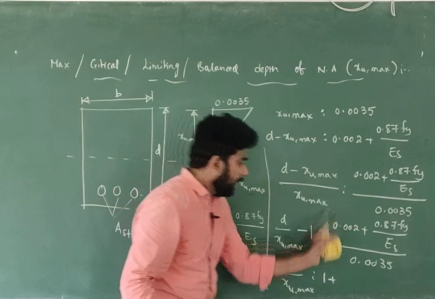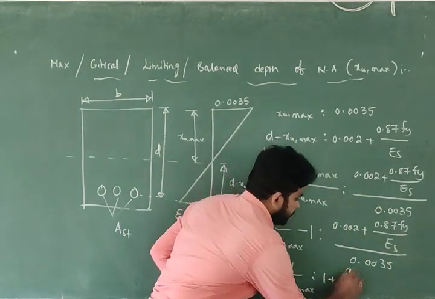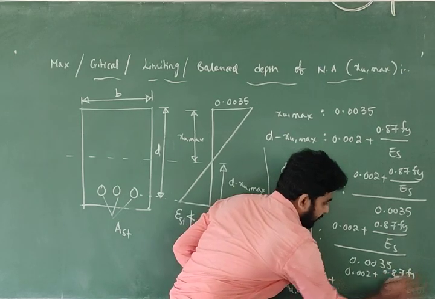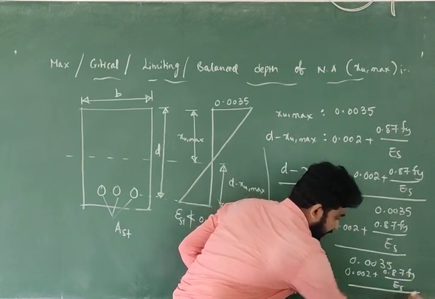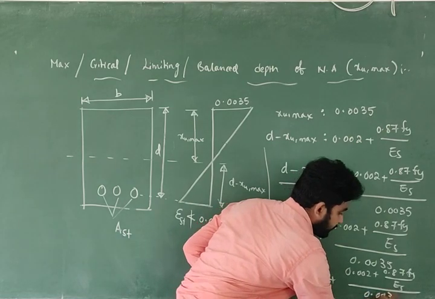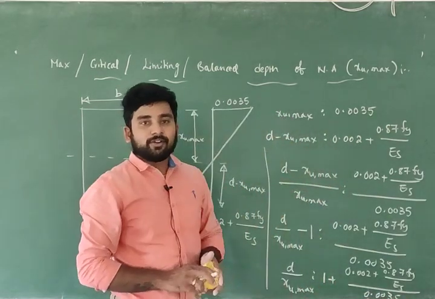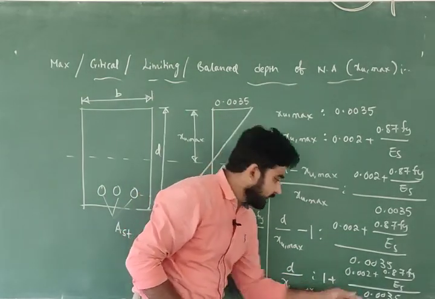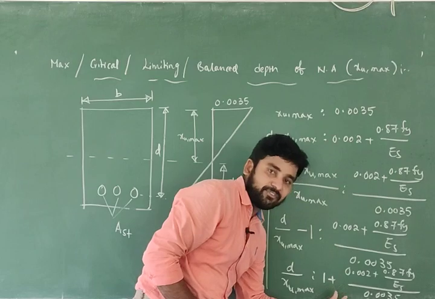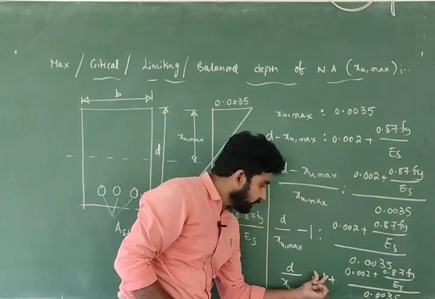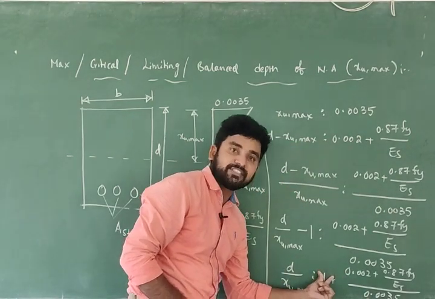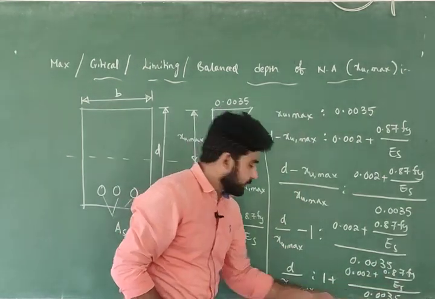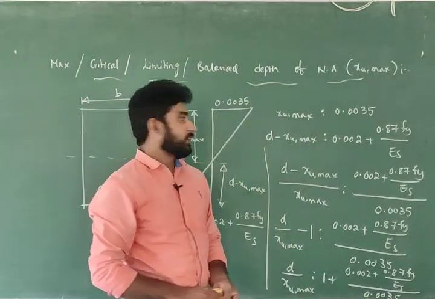1 plus 0.002 plus 0.87 Fy divided by Es, divided by 0.0035. Now I apply LCM for this also. Then we get 0.0035 into 1, that is 0.0035 plus this portion, overall divided by 0.0035.